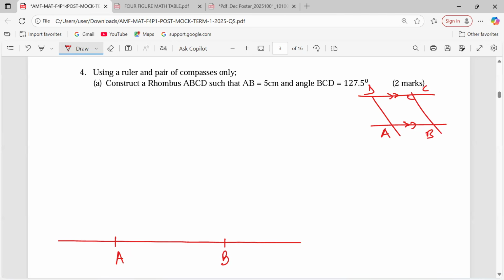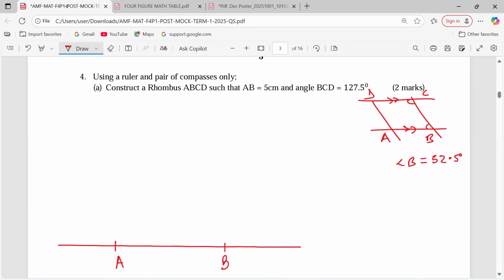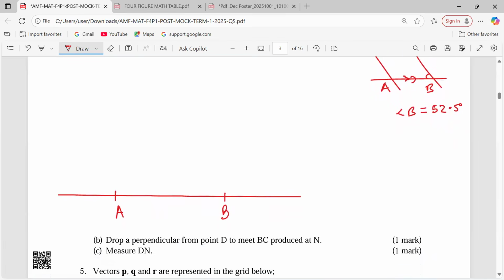So if that angle is 127.5, then the angle at B should be 180 minus 127.5, giving us 52.5 degrees. Reason being, the co-interior angles are usually supplementary, so the angle at C and the angle at B should add up to 180. So now we need the angle at B to be constructed.